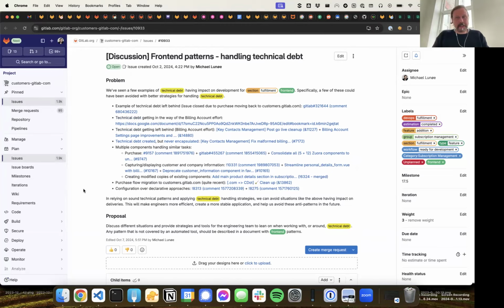This is stuff that I've collected, and I don't expect us to get to any solutions at this point. The point of this is also to bring some awareness on this, and my hope is that we will end up with a couple of strategies that we may be able to document somewhere to guide us when we do code reviews, when we work on a day-to-day basis in implementing features.